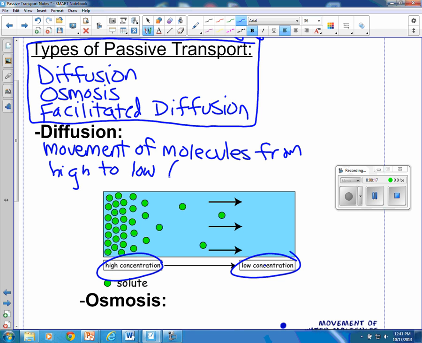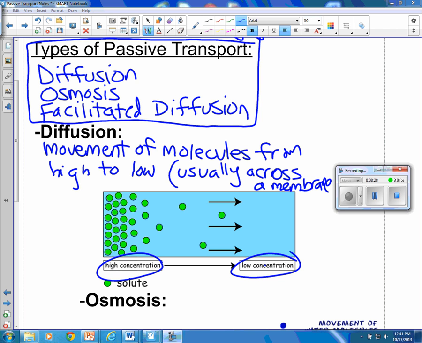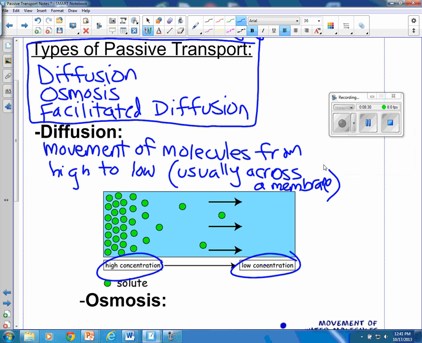And usually there's a membrane, a cell membrane. So usually it's across a membrane. Here you might see one of the spots filled with a membrane, and the molecules are small enough to pass through. These can be any type of molecule. This is a cell membrane.